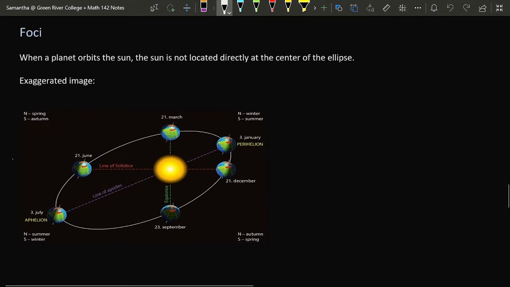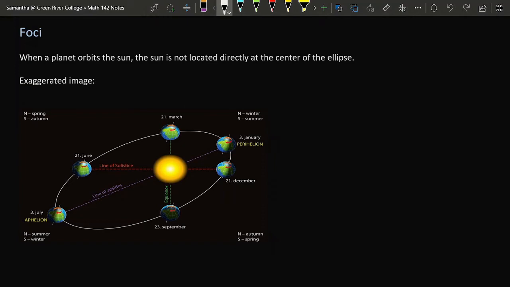Now, if we go back to the case of an elliptical orbit of a planet around the sun, for example, Earth's orbit around our solar system's sun, then you can first of all observe that the eccentricity of the orbit is rather low.